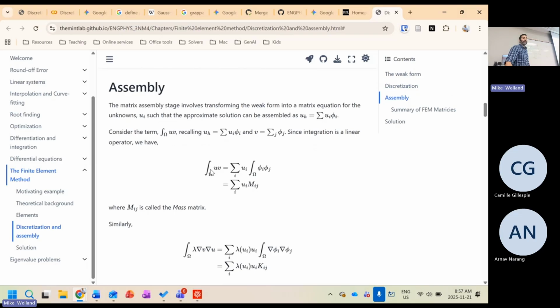When we put them in, we get something that looks like this. All we're doing is taking this term, substituting in these two summations, and we just get the sum over the I indices and the integral of these guys.